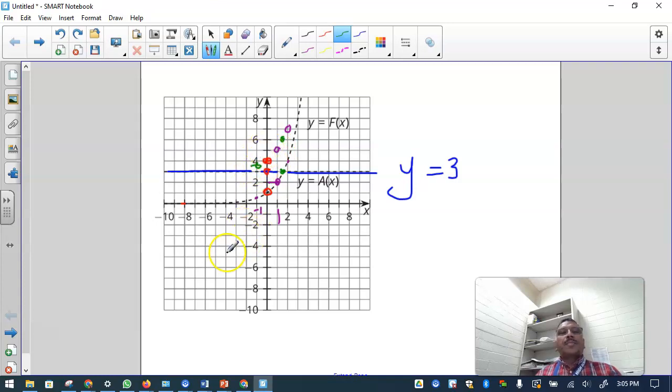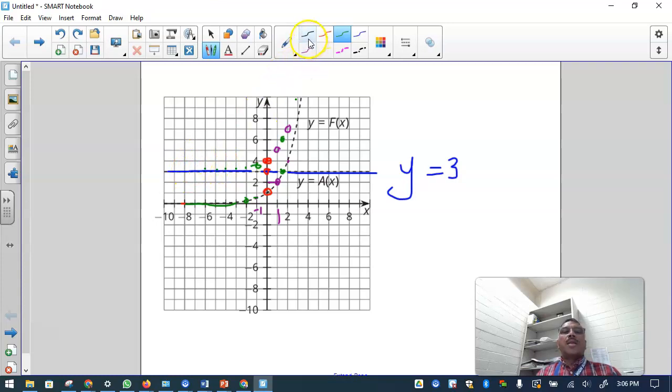Each time these points are a little above the line, a small positive number above. That means this graph will be very small here, a little above, so they go on almost becoming equal to the line, the 3.